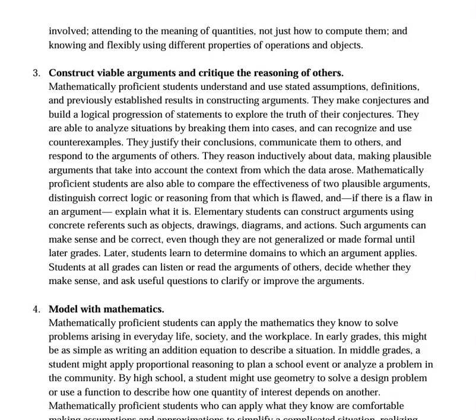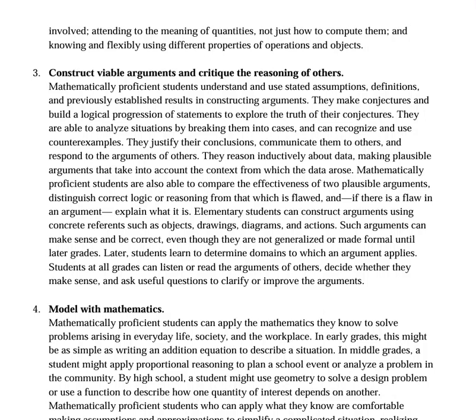They reason inductively about data, making plausible arguments that take into account the context from which the data arose. Mathematically proficient students are also able to compare the effectiveness of two plausible arguments, distinguish correct logic or reasoning from that which is flawed, and, if there is a flaw in an argument, explain what it is.